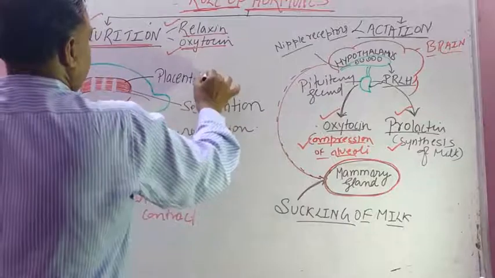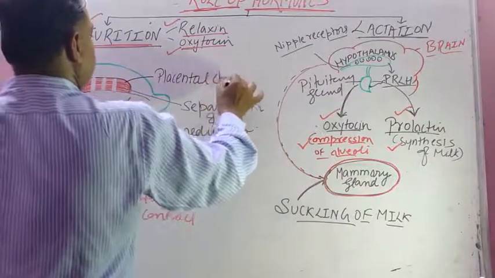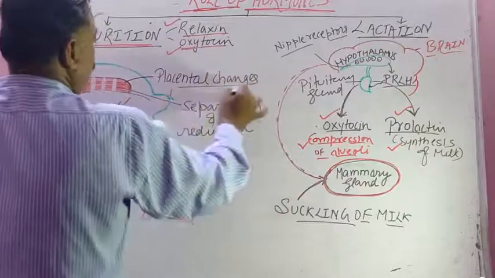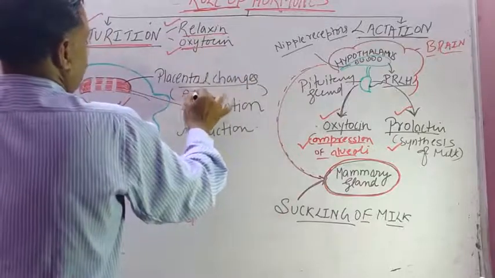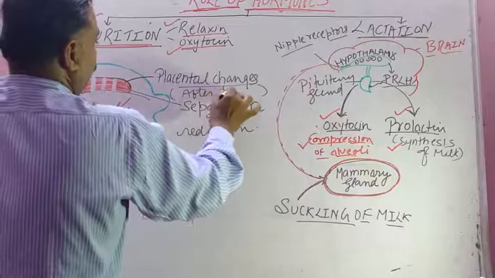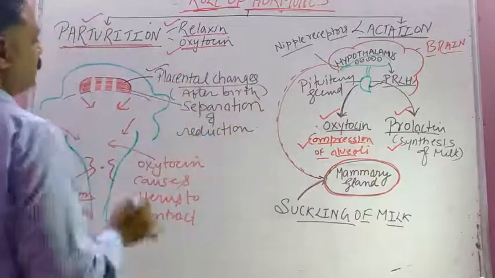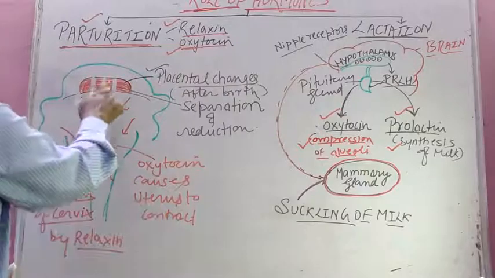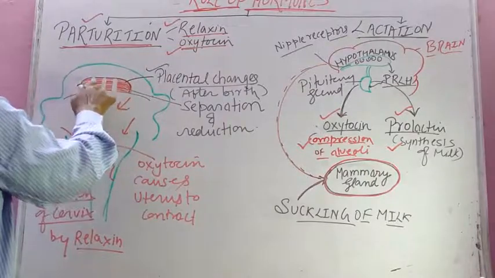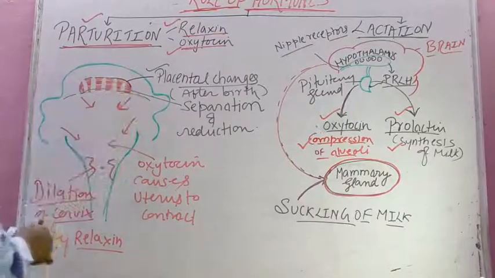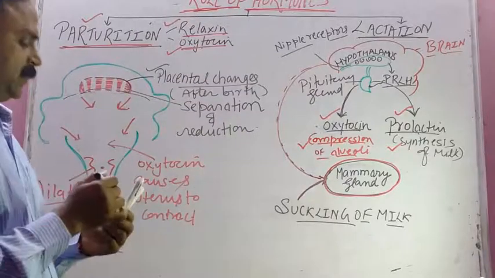That is called placental changes or afterbirth. So during placental changes or afterbirth, what happens, student? The placenta gets separated and reduced in size, atrophied, isn't it? So all these are the role of hormones.